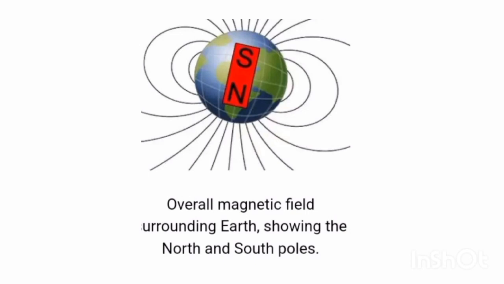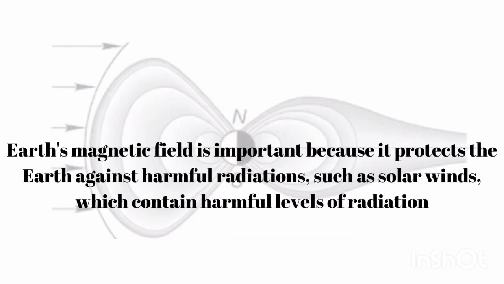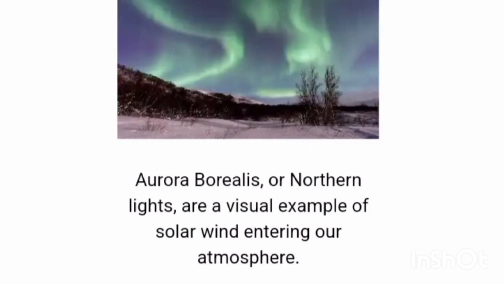In conclusion, Earth's magnetic field is very important because it protects the Earth against harmful radiation such as solar wind, which contain high level of harmful radiations, and solar wind are a form of solar radiation from the sun.